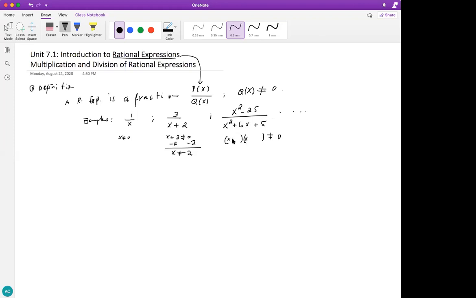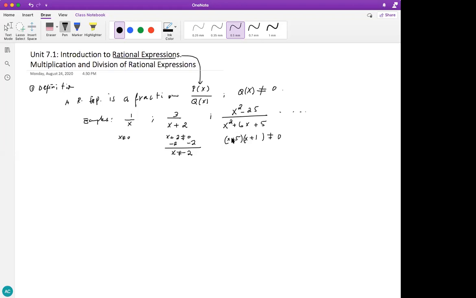What numbers do that? 5 and 1. That's right, because 5 times 1 is 5, and 5 plus 1 is 6. So whenever you want to find the undefined values of any denominator, first factor the expression if it's not already factored, like here and here.